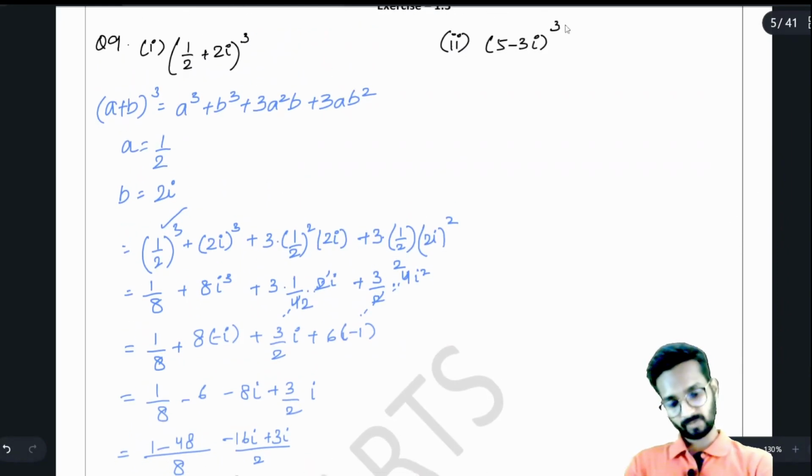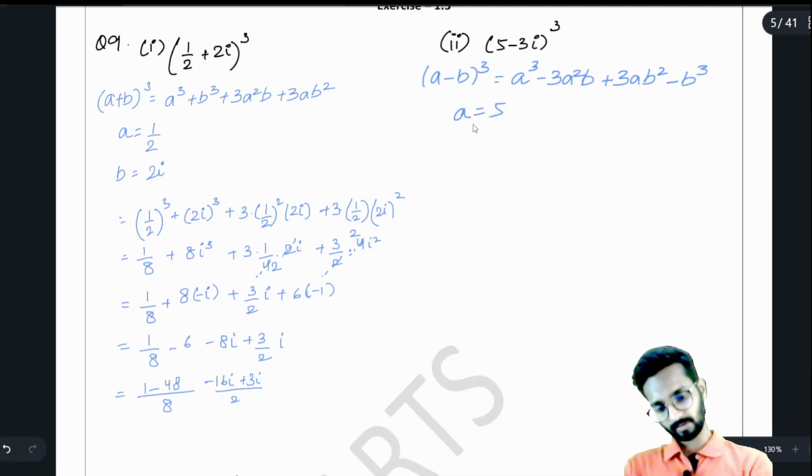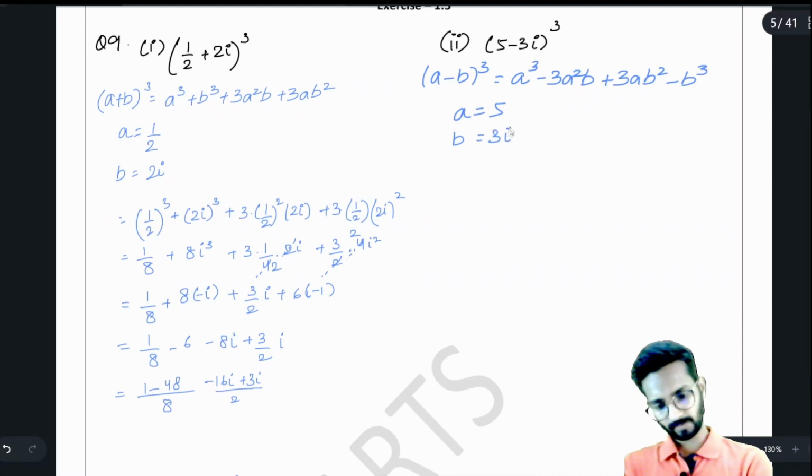Now a minus b whole cube, what is the formula for this? A minus b cube, you can write as a cube minus 3a square b plus 3ab square minus b cube. Okay, a is equal to 5 and b is equal to 3i.